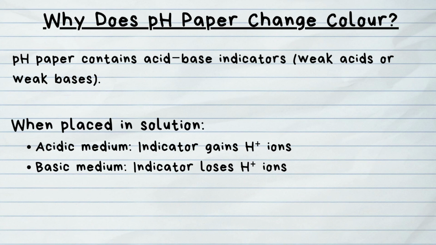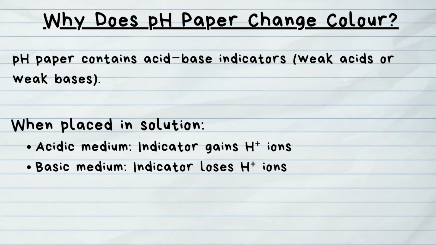Let's understand the science behind this in a very simple way. pH paper contains chemicals called acid-base indicators. These indicators are actually weak acids or weak bases. Now here is the magic. When pH paper touches an acidic solution, the indicator gains hydrogen ions, also called H+ ions.